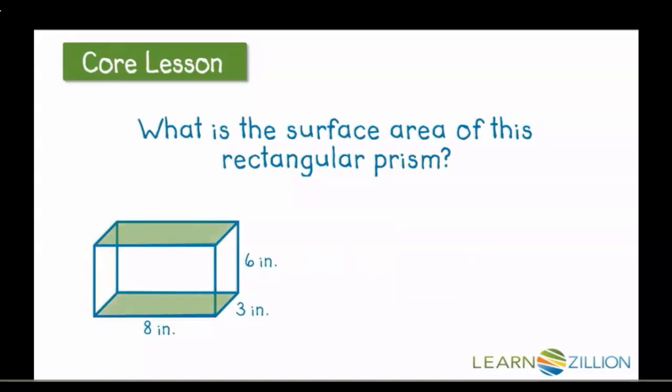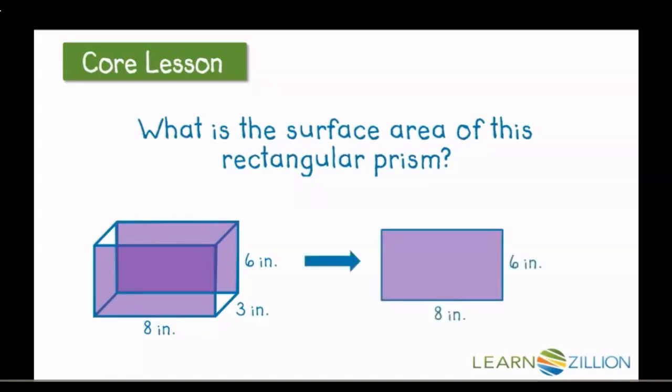We also have 2 parallel congruent green faces, and these ones are a little larger. They are 8 inches by 3 inches. And finally, we have a set of purple faces. These are the biggest ones on this particular prism, and they are 8 inches by 6 inches.